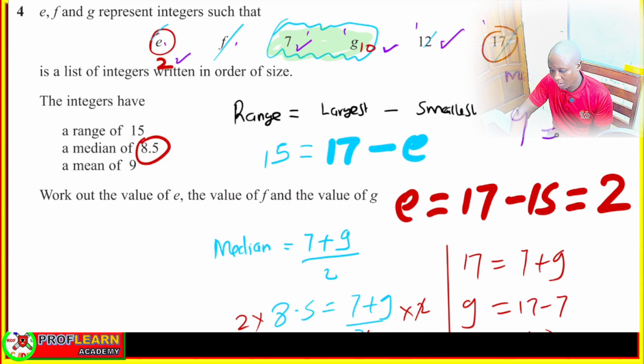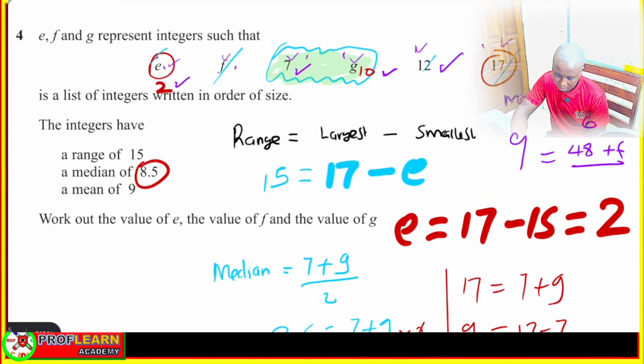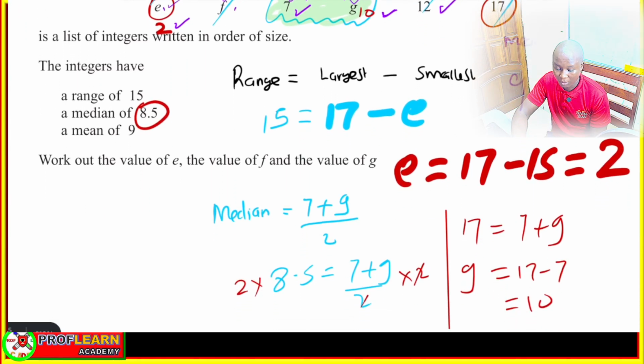So 9 is equal to 2 plus 7, then we add 10 plus 12 plus 17, that translates to 48, 48 plus F divided by 6. Seems something's not adding up properly, so I need to check where the mistake might be.